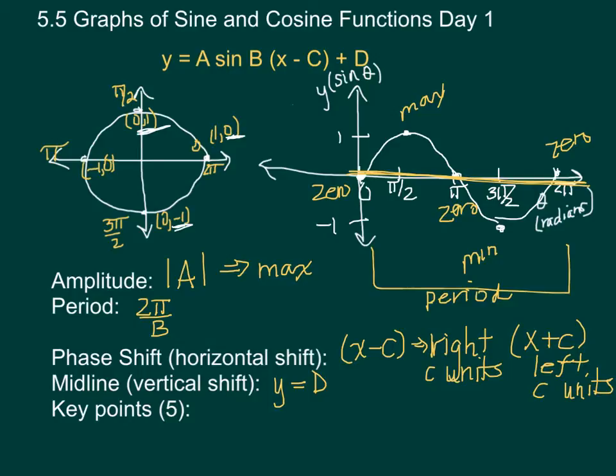And we call them quarter points because you always do 1/4 of your period. And whatever that value is, you add that value to your x coordinates: 0, pi over 2, pi, 3 pi over 2, and 2 pi.